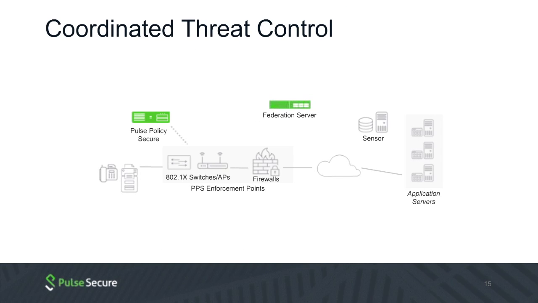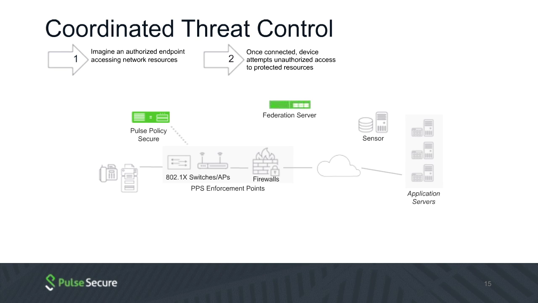Finally, we have the coordinated threat control scenario. And this is the same concept as the unmanaged device access for behavior monitoring, but it extends to normal users and managed endpoints as well as unmanaged endpoints. So we have an authorized endpoint accessing network resources. And it's compliant, it's the right device, it's in the right place, but it attempts some form of unauthorized access.